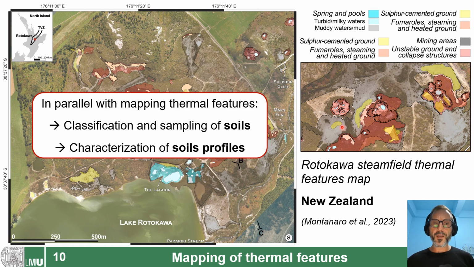Our aim was to capture the properties of the primary Taupo pumice in its undisturbed section, near collapsing structures or unstable ground areas, within excavated zones, near the gassing spots, and to measure the properties of sinters around pools, among others.